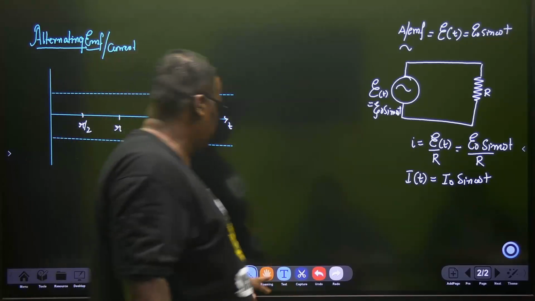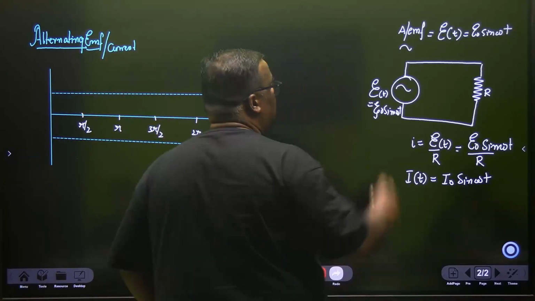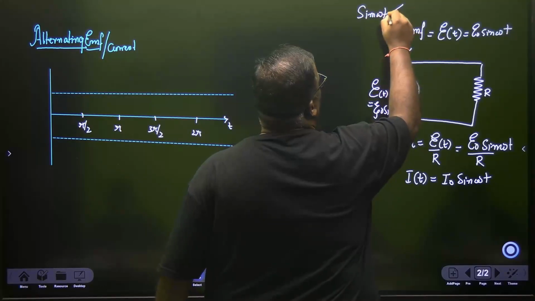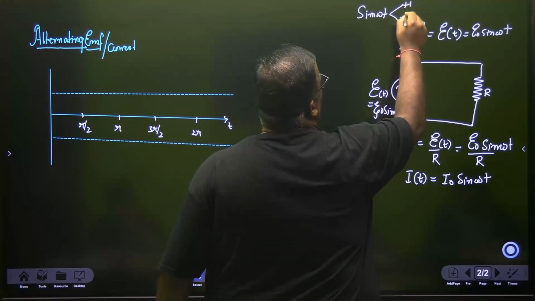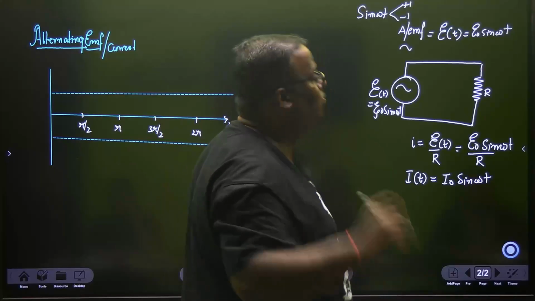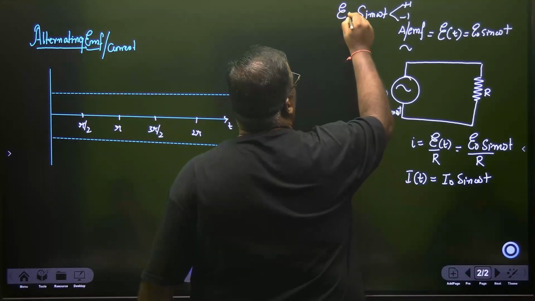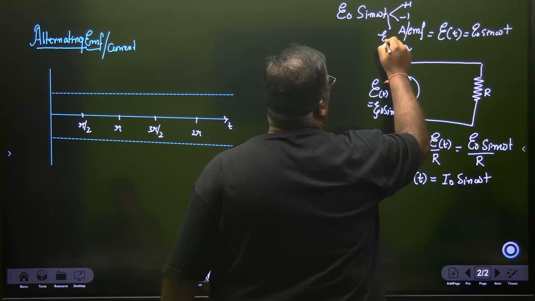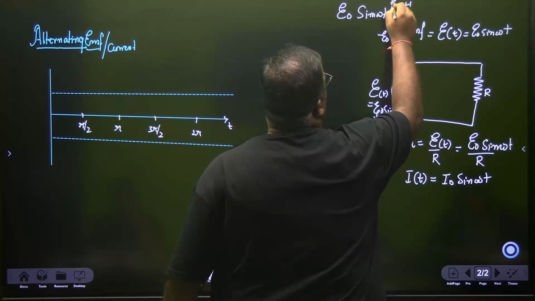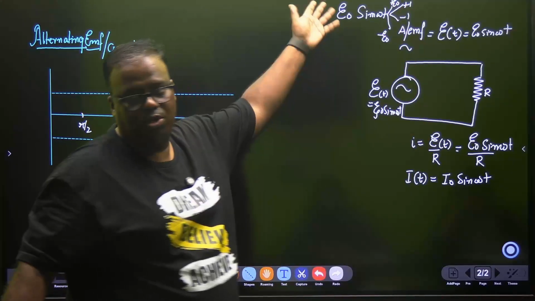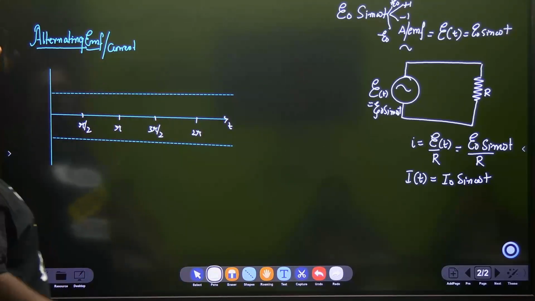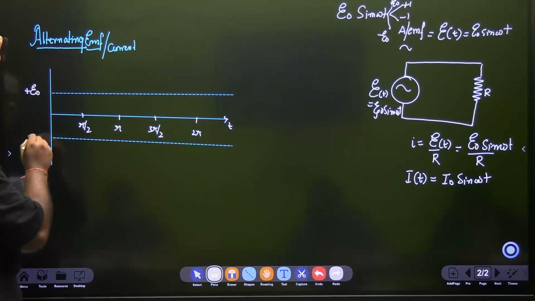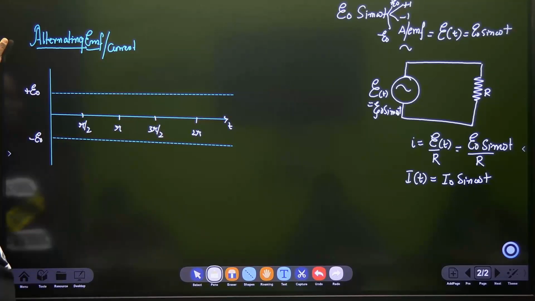Say, for example, sine omega t's peak value will be +1, -1. But now you have E naught sine omega t. So the peak value now will be negative E naught and positive E naught. Is this understood? With the +1 you will multiply that. So I am writing this as E naught plus, E naught minus.